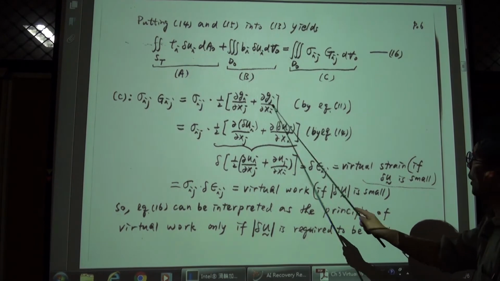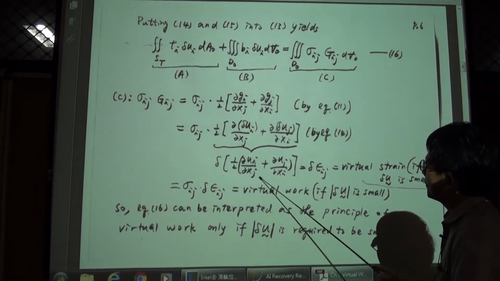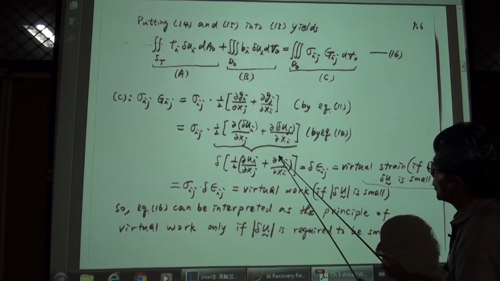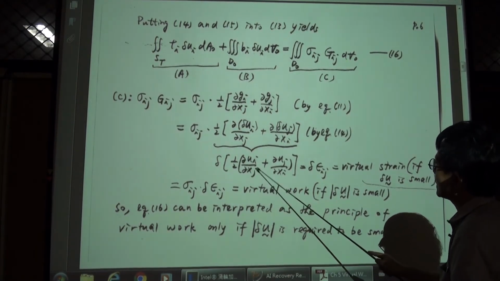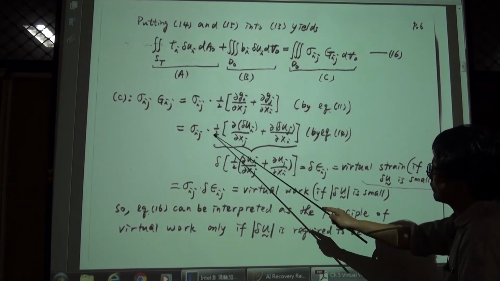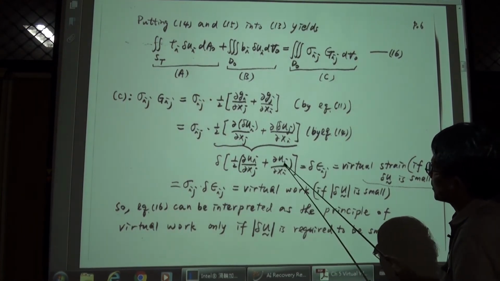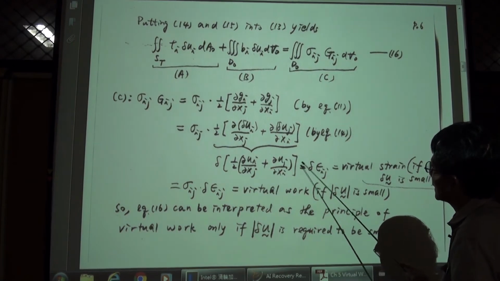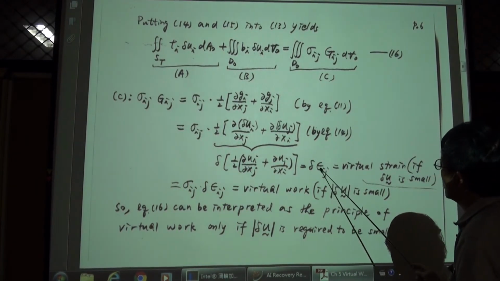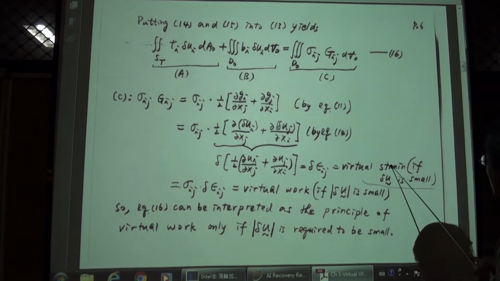So this term can be rewritten as this term. Now, do you remember what it is? This is just the classical strain, right? So this term can be replaced by this term, which is just equal to the variation of the classical strain. We call it the virtual strain.